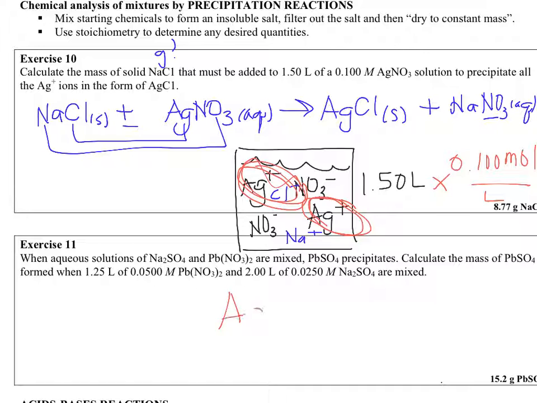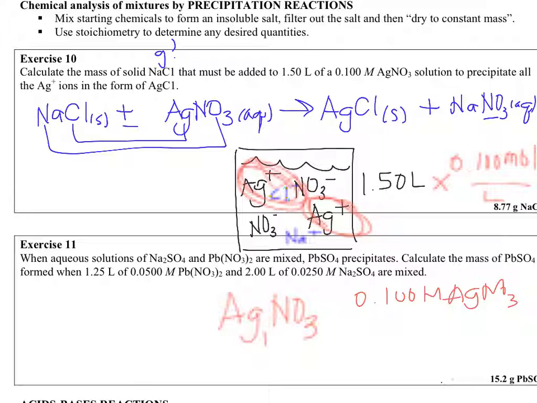If I look at my formula, how many moles of silver ions are there in 1 mole of silver nitrate? Look at your subscripts. I don't see one, so that means it's 1. So 0.100 molar silver nitrate is the same as 0.100 molar silver ions.